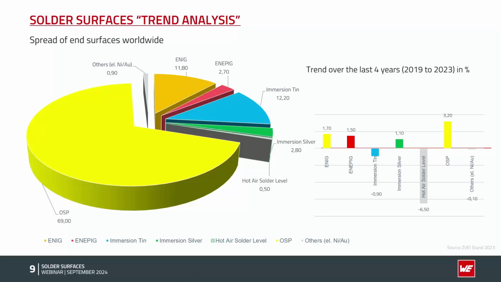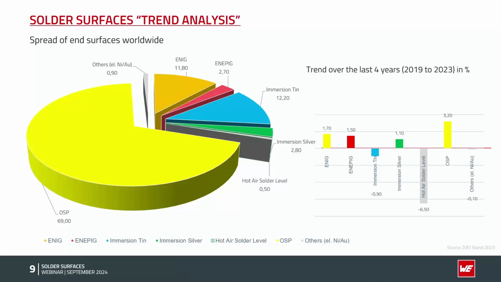The next is Immersion tin and ENIG and some others. And on the right side you can see how the trend is over the last 4 years. So ENIG, ENEPIG rising slightly.